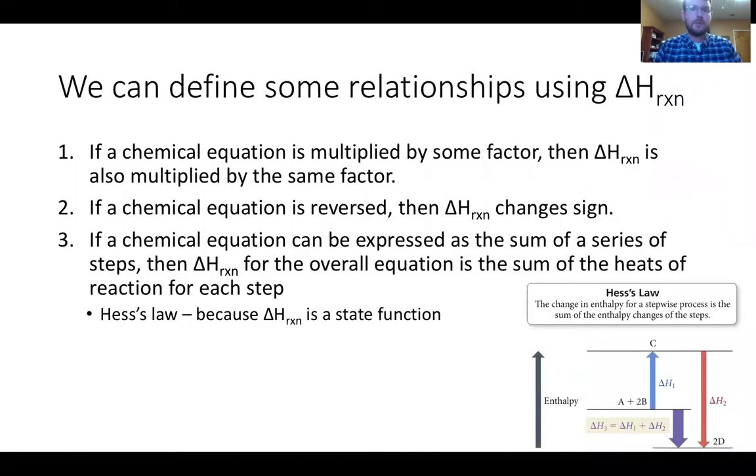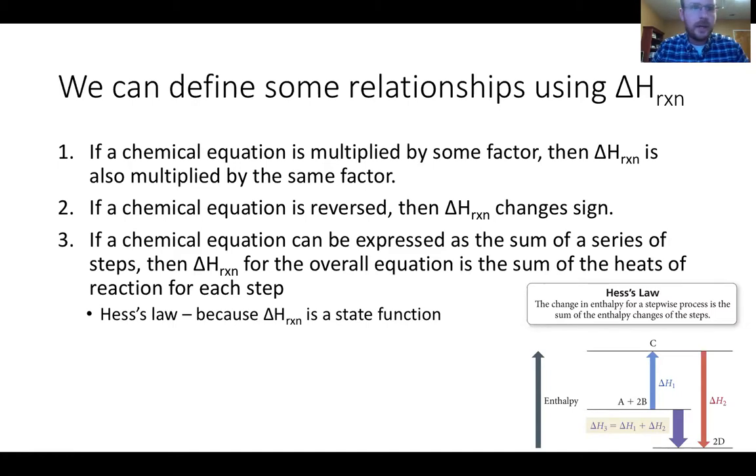We need to learn about a few relationships we can do with delta H for this way, and this is known as Hess's law. We might not be able to directly measure the delta H of a reaction, but we know the delta H's of some smaller reactions, and what we can do is add those together, and we can come up with an answer.